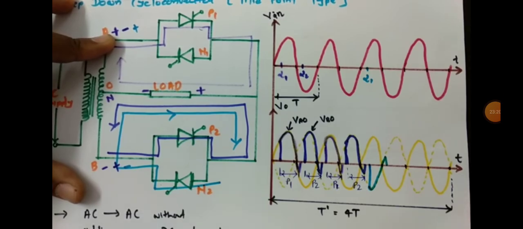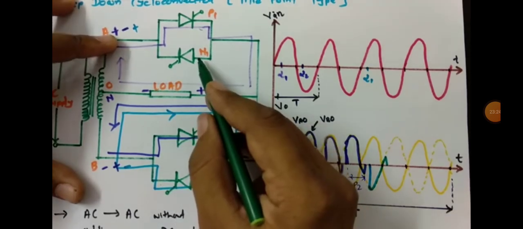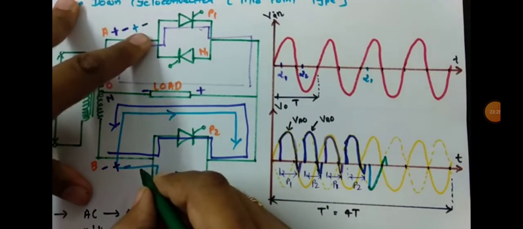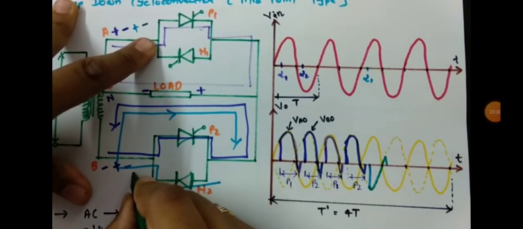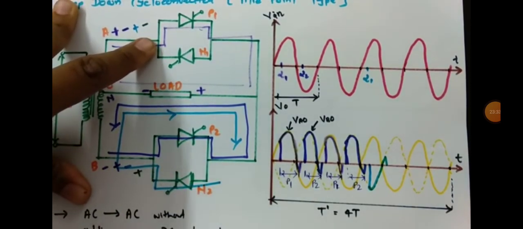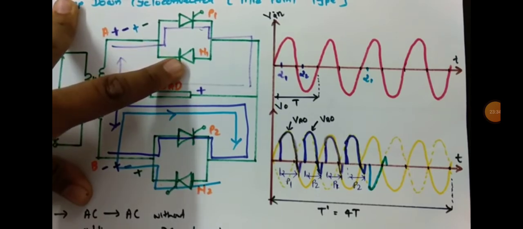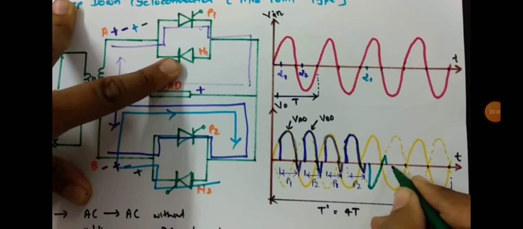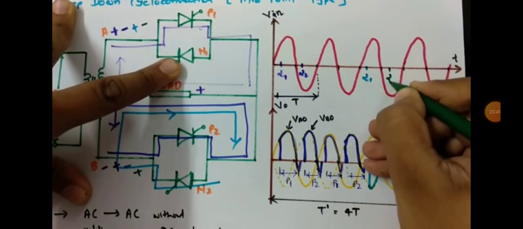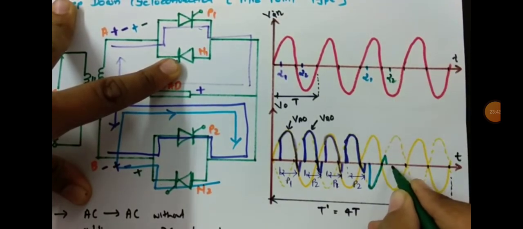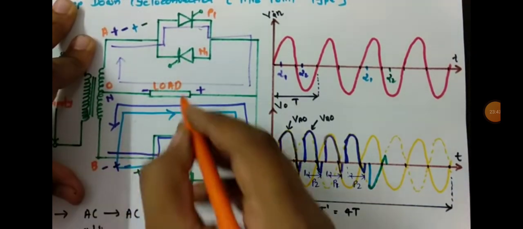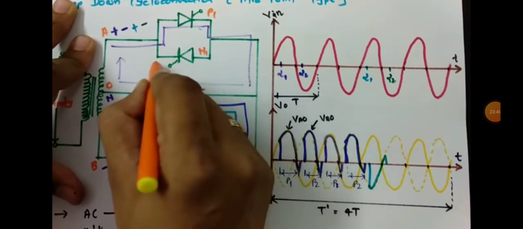And if we trigger N1 during the negative half cycle, during the negative half cycle terminal A is negative with respect to terminal B. At that time N1 will come in forward bias, and if we trigger N1 at angle alpha 2, there will be a current passing in this loop because N1 is getting triggered.